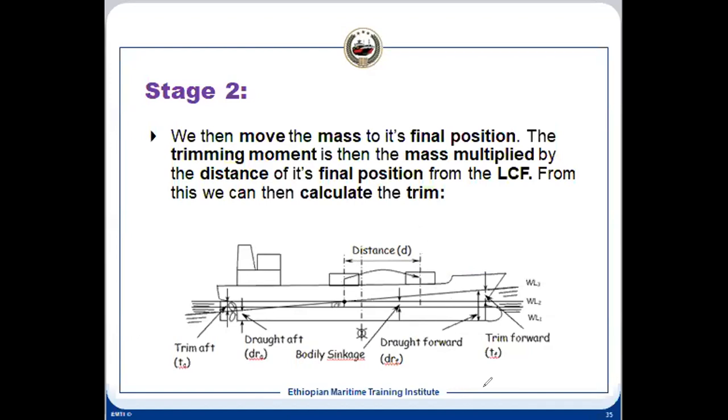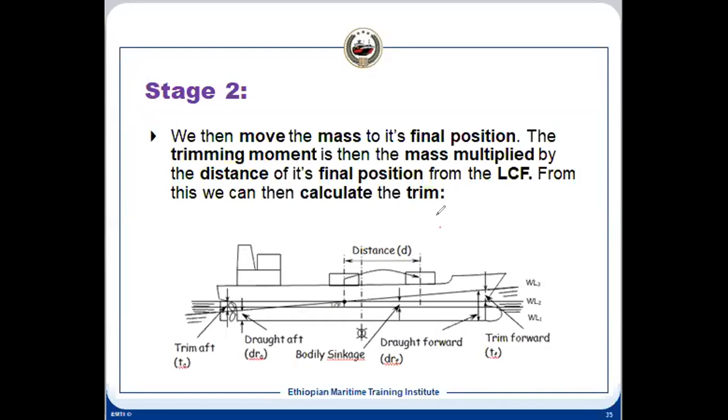Once we put it in the correct location, there will be a trim, because there will be a trimming moment. What is the trimming moment? How much distance it has shifted, and we are talking about the longitudinal distance. So longitudinally, how much it has shifted, that distance and the mass are known to us.